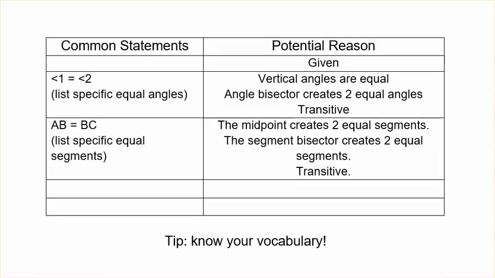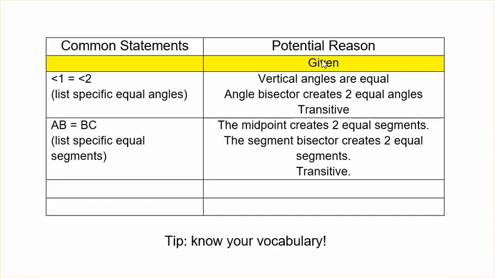Before we get into some actual examples, I want to go through some common statements and potential reasons. So again, remember, you're always going to start a proof by writing down some given information. They will tell us something to start. We're going to copy that information down on the left and then write given in our top right.